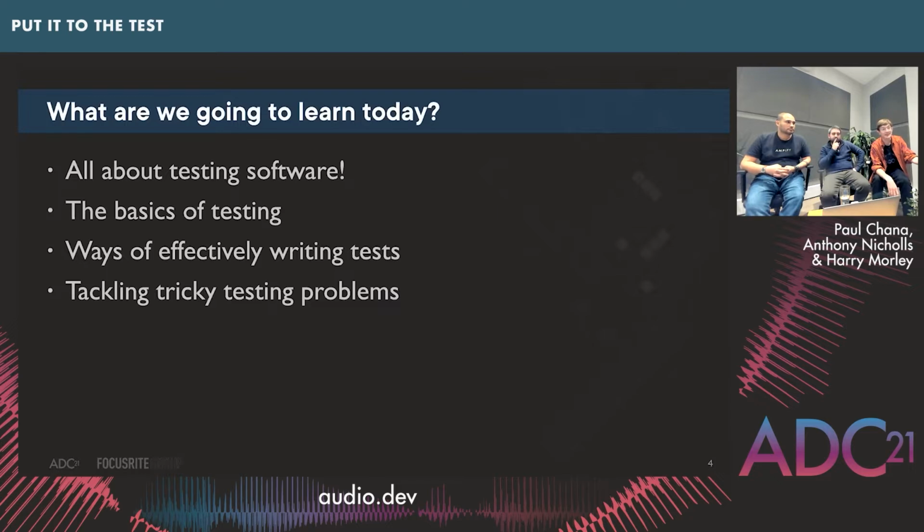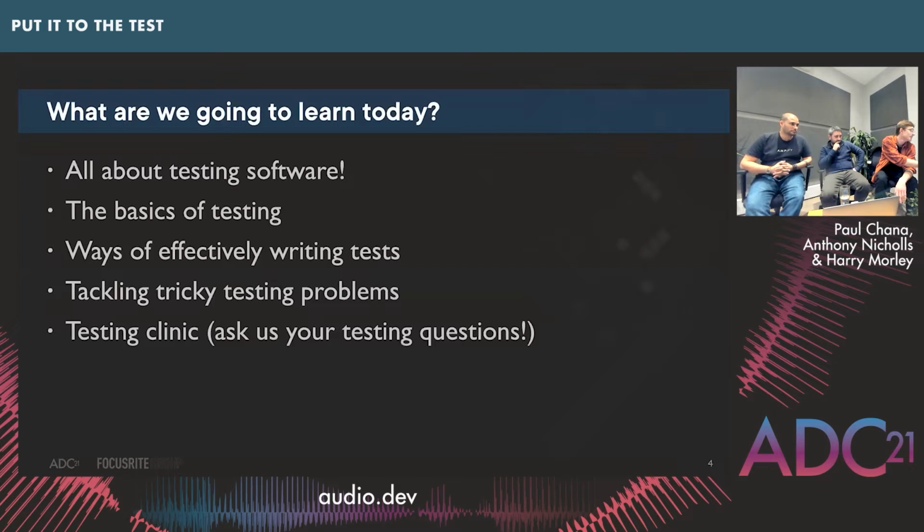Then tackling the tricky testing problems, which I'm sure will come up in the chat: how do I test X? Or, it depends. Towards the end, if you've got any particular questions about testing particular parts of your software, you can let us know, and we'll do our best to answer.